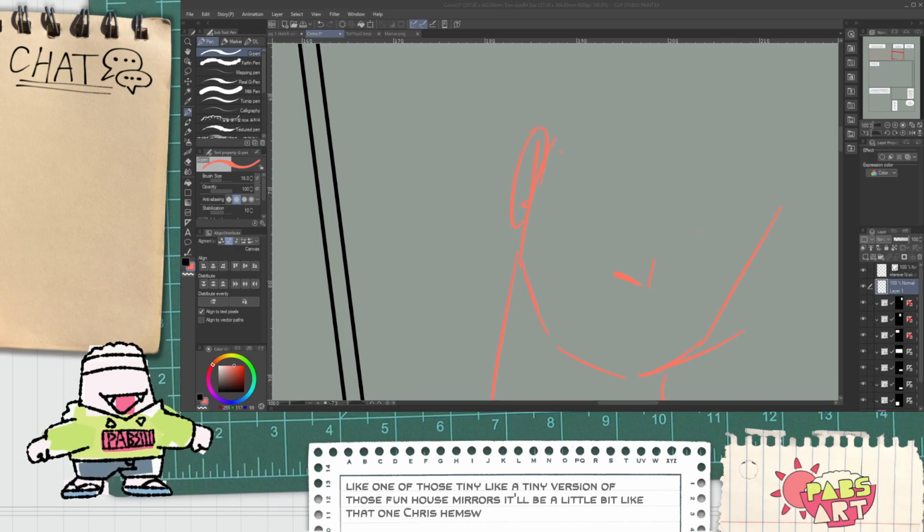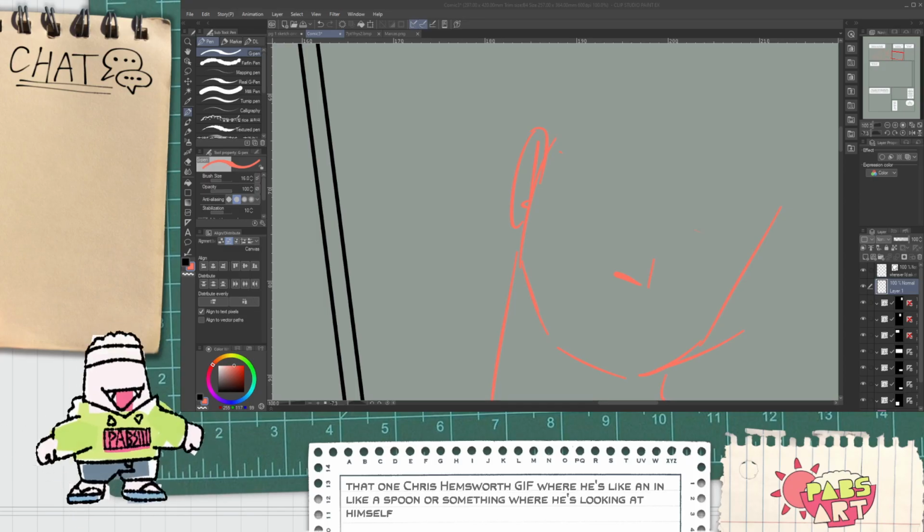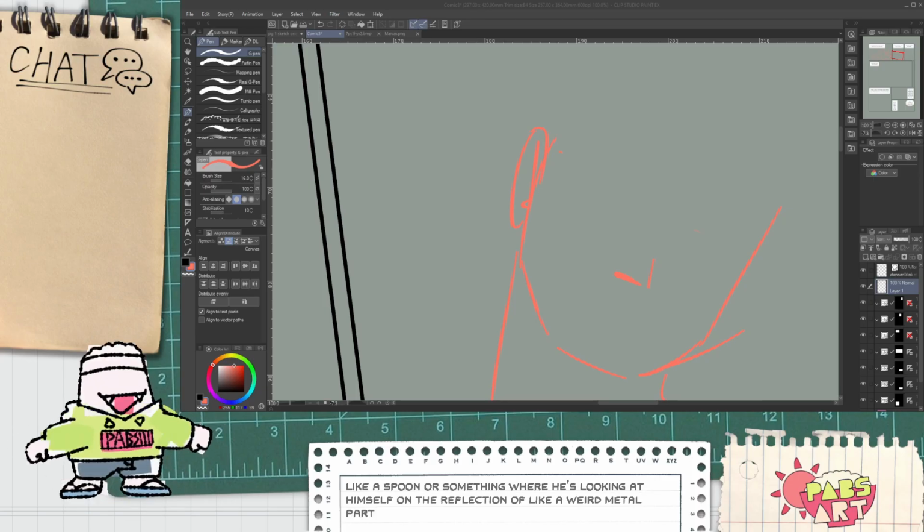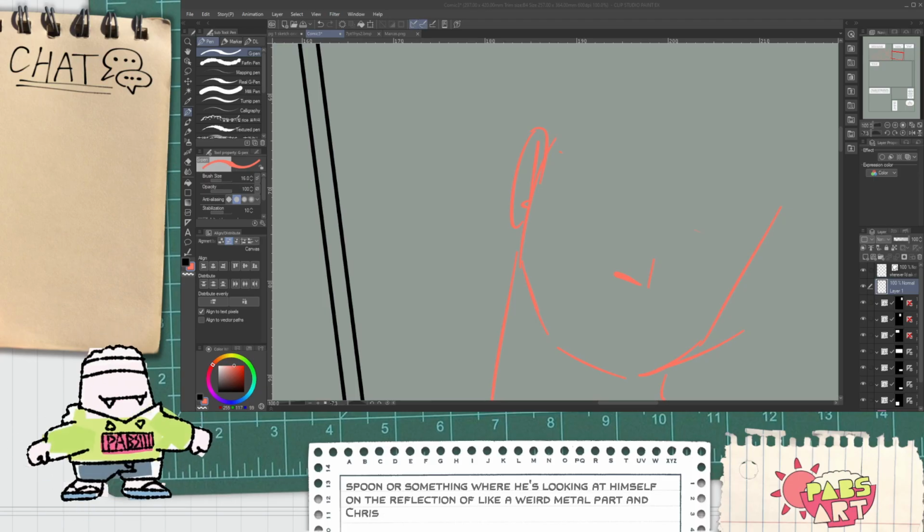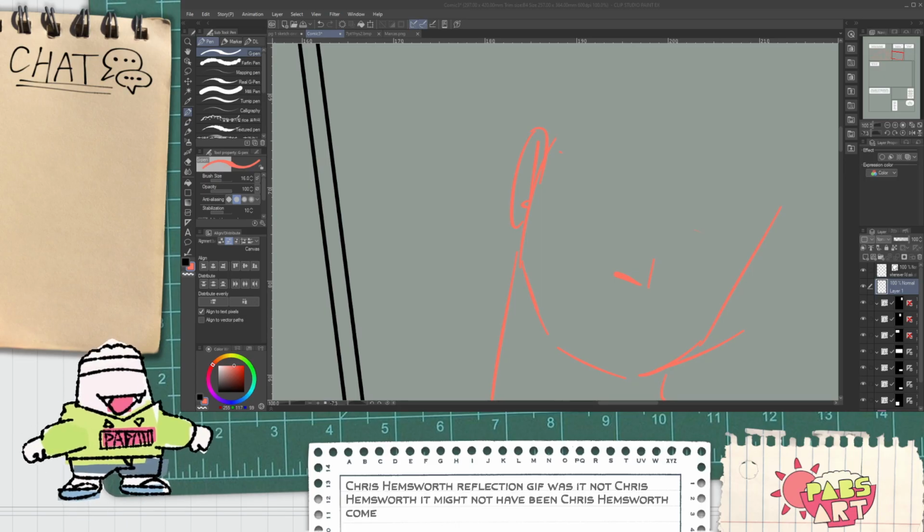that Chris Hemsworth gif where he's looking at himself in the reflection of a weird metal part, like a spoon or something. Hang on, Chris Hemsworth reflection gif. Was it not Chris Hemsworth? It might not have been Chris Hemsworth. Come on, it has to be somewhere around here.